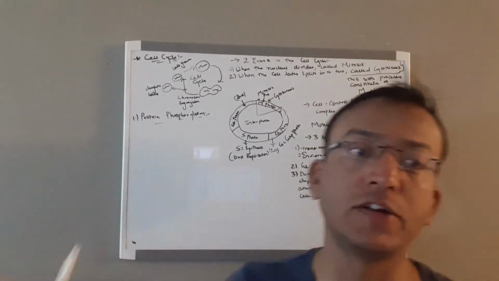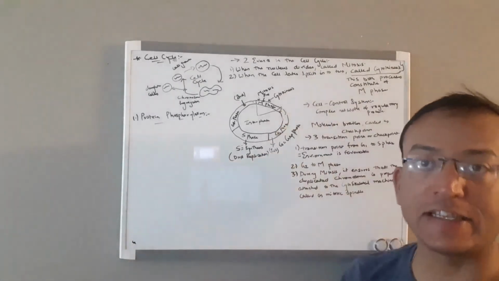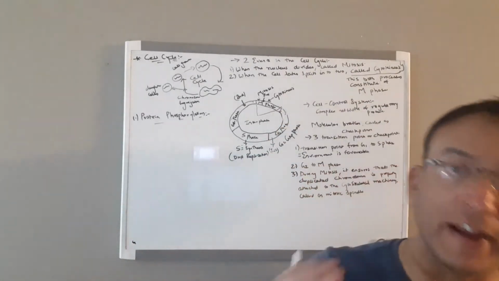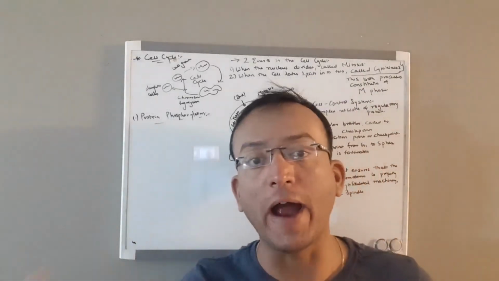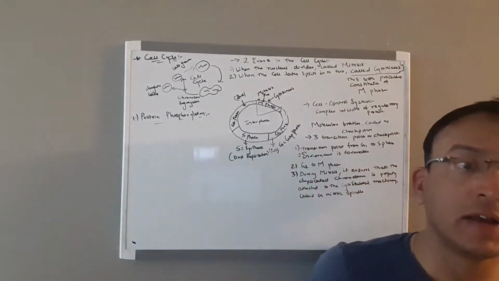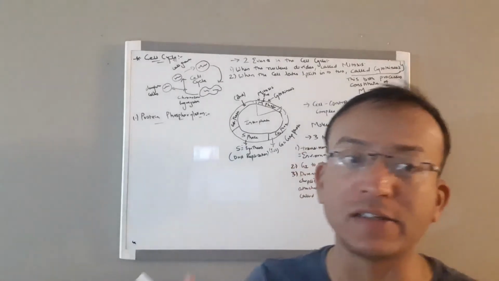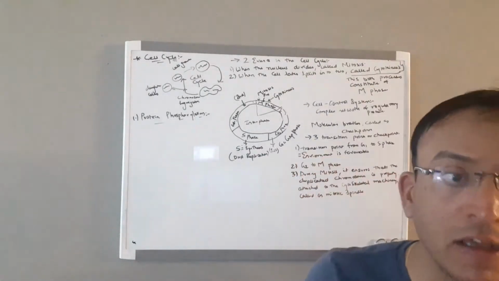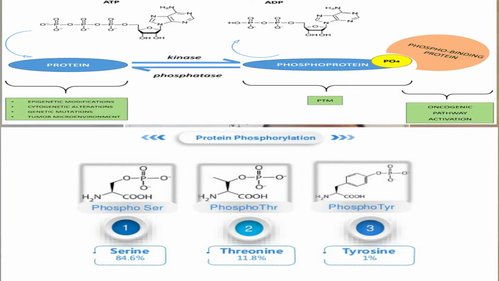Protein phosphorylation involves the enzyme-catalyzed transfer of the terminal phosphate group of ATP to the hydroxyl group of the serine, threonine or tyrosine side chain of the protein. So that is protein phosphorylation basically. You can see a picture on your screen showing the protein phosphorylation, as I mentioned.